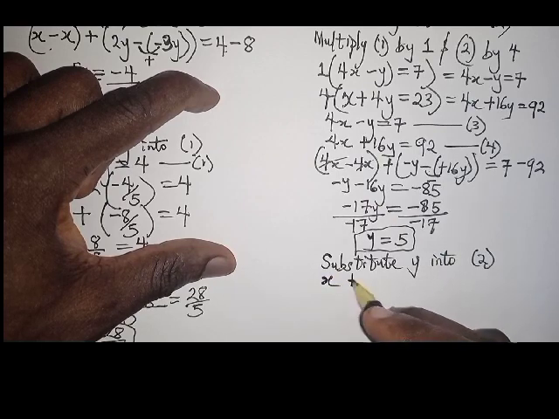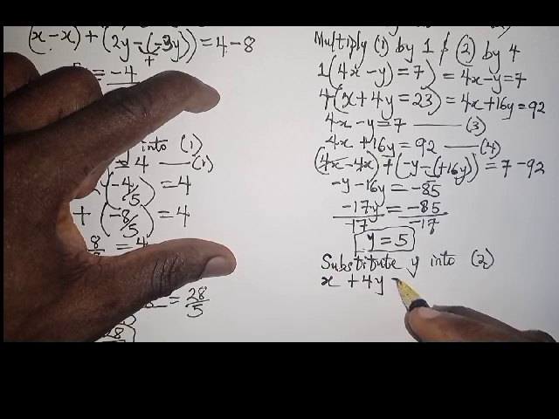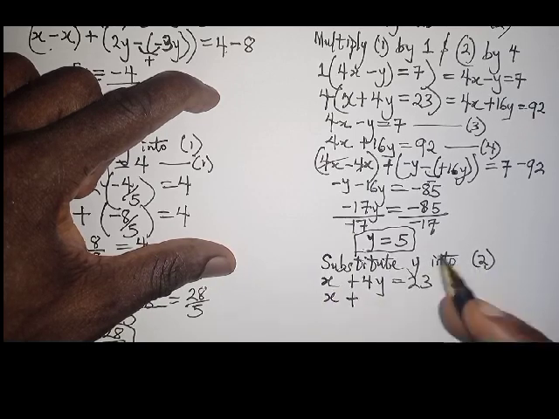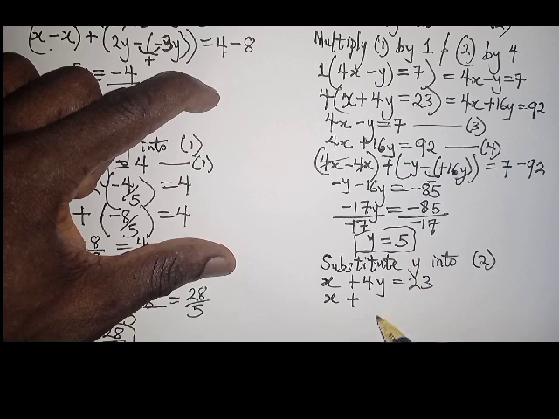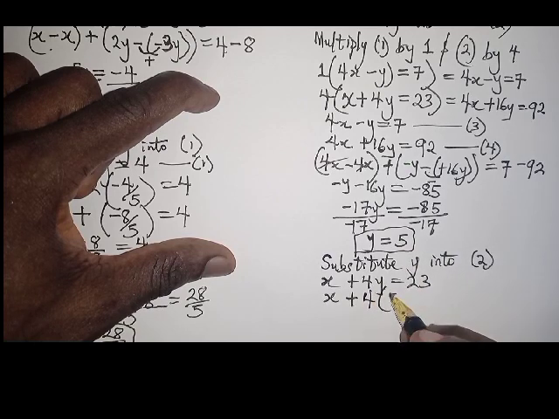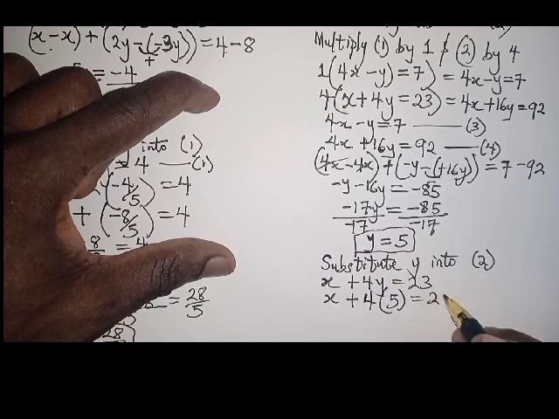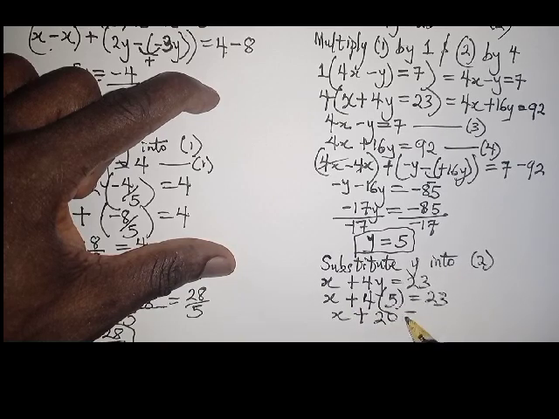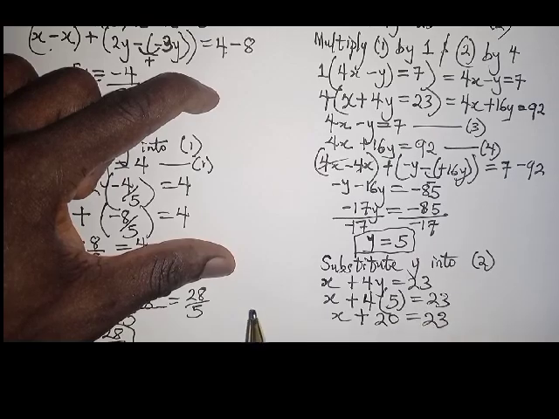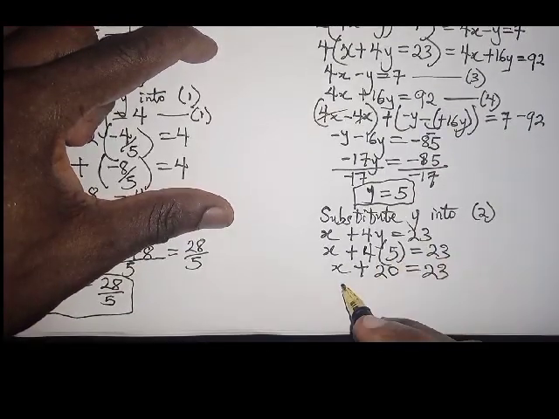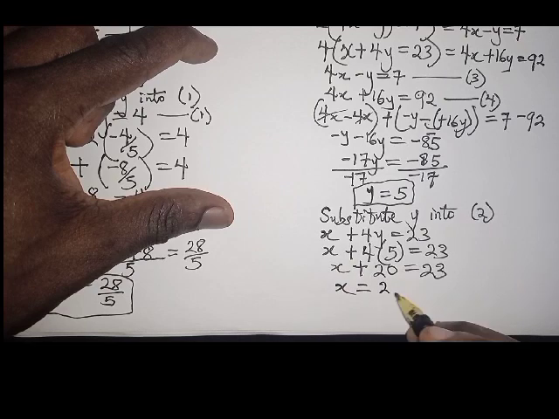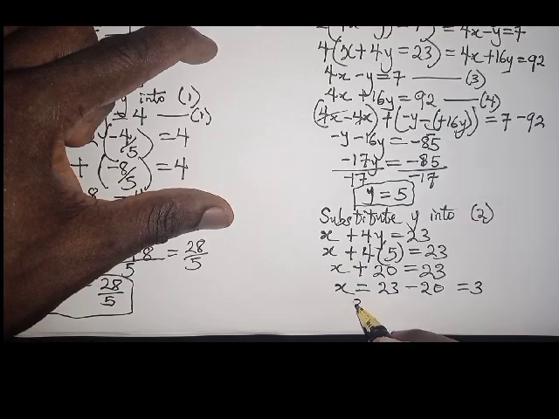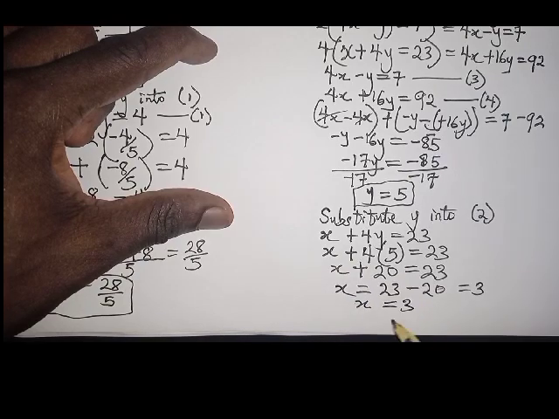Equation 2 says x plus 4y equals 23. So wherever I see y, I'm going to put 5. So it's going to be x plus 4 times 5 equals 23. x plus 20, because 4 times 5 is 20, equals 23. Then x equals 23 minus 20, which is 3. So my value for x is 3.